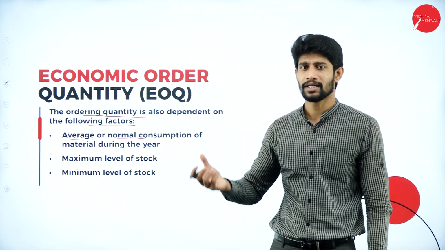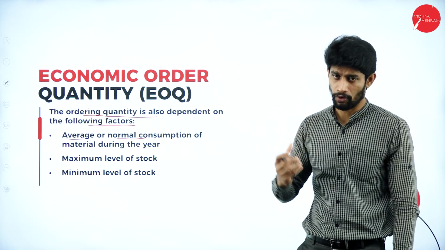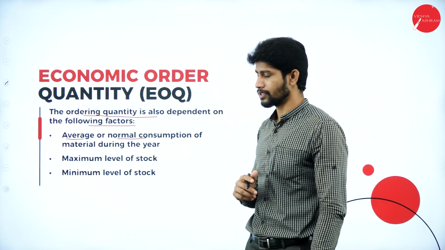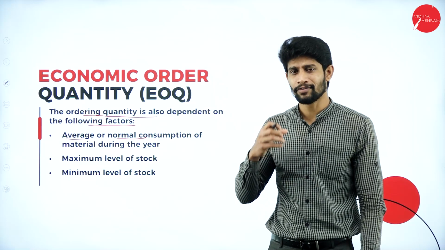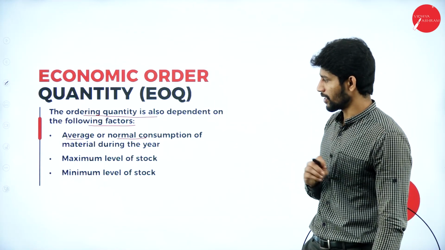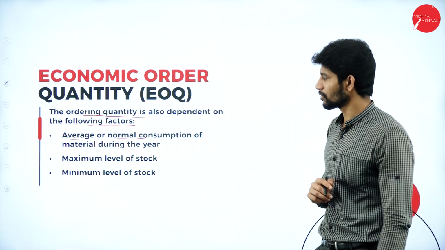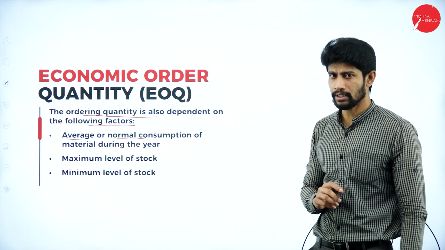If they are using more material, then obviously we will be ordering more for the production purpose. If they are producing fewer products, then we will be ordering very little material.